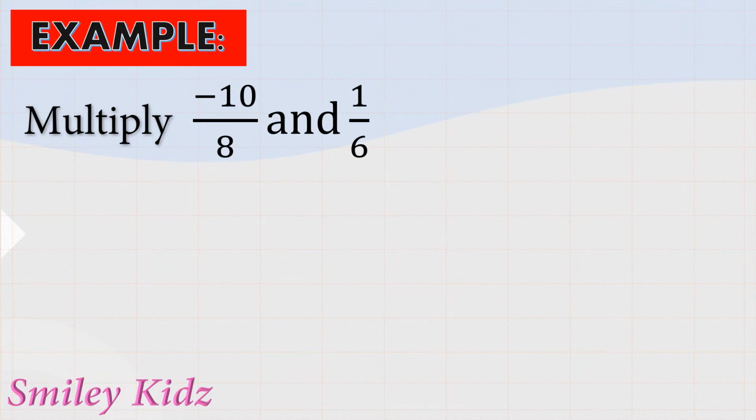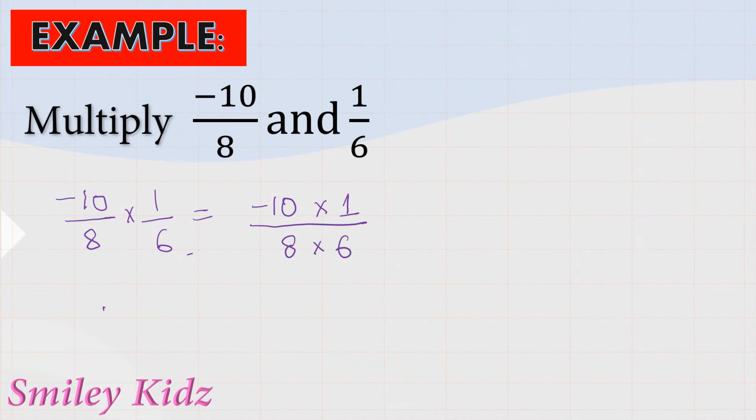Let's see another example. Multiply minus 10 by 8 and 1 by 6. Minus 10 by 8 multiplied by 1 by 6 is equal to minus 10 multiplied by 1 by 8 multiplied by 6. Minus 10 multiplied by 1 is minus 10 by 8 multiplied by 6 is 48.